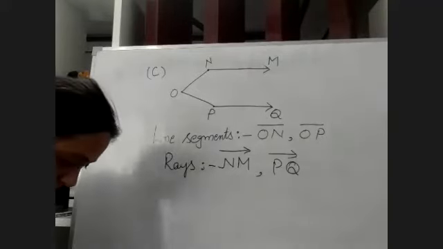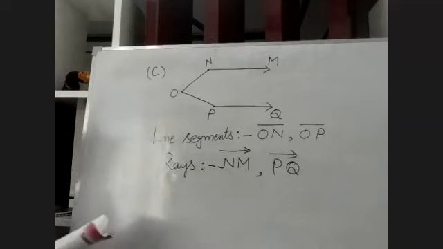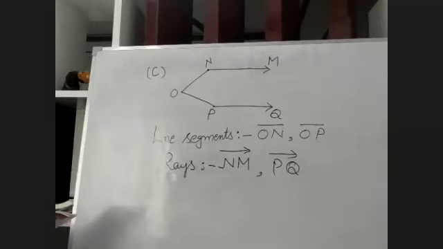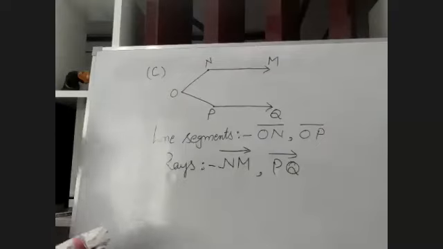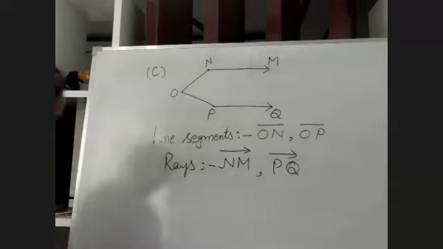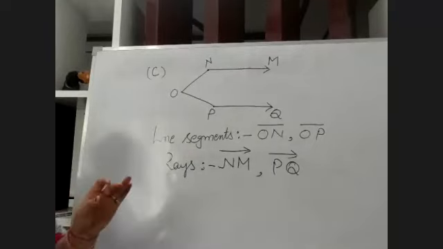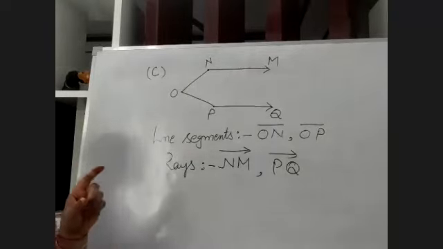Next is now question number 10. Mark suitable points and draw a diagram of each of the following. 10th question, first part, draw a ray QP. Yes, friends, we will draw these line segments and rays with the help of scale and pencil.